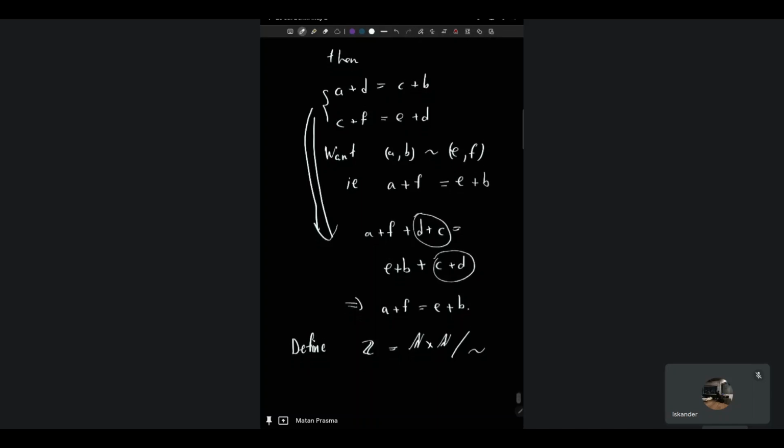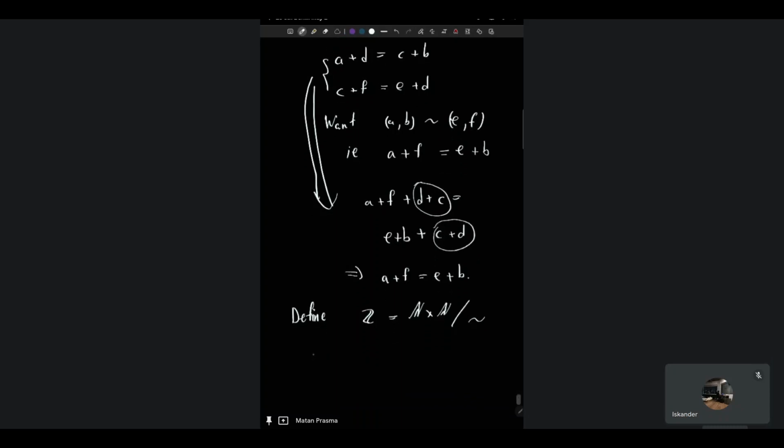And you see that the equivalence class of a pair A comma B is the set of all pairs C comma D such that, okay, I'll just repeat the definition, A plus D is equal to C plus B, right?